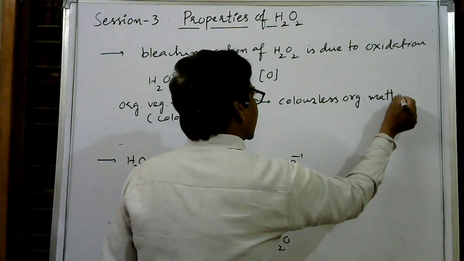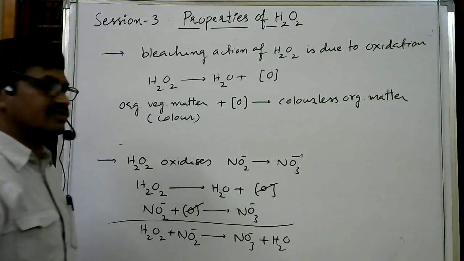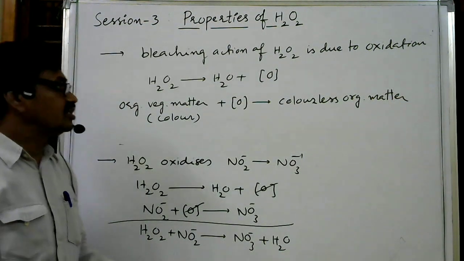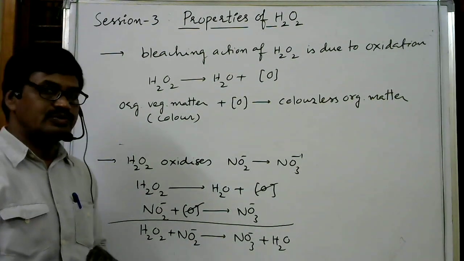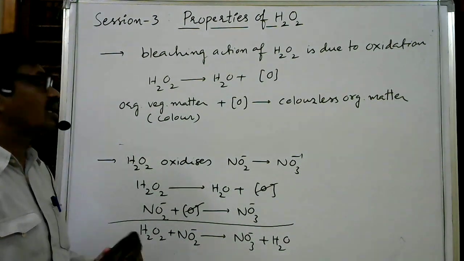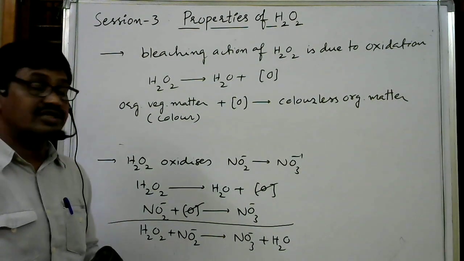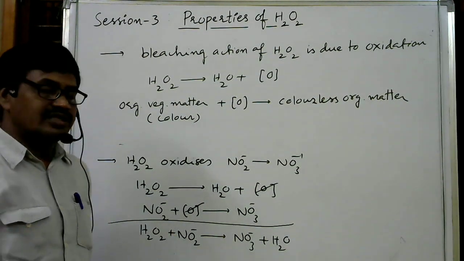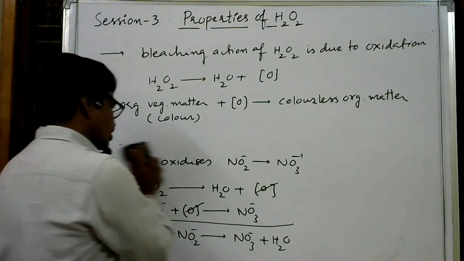This is nothing but bleaching action. So bleaching action is due to the oxidizing property of hydrogen peroxide. So these are the oxidizing properties. Then we have reducing properties also.